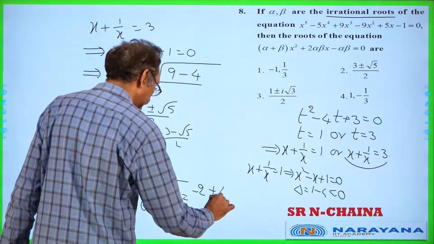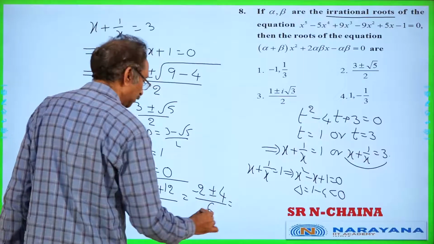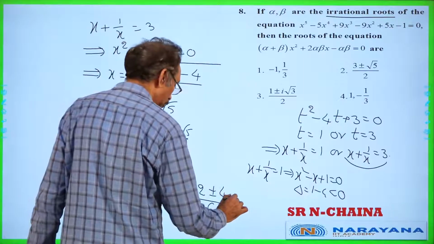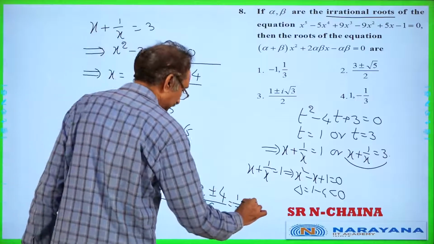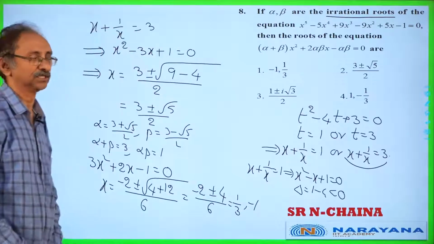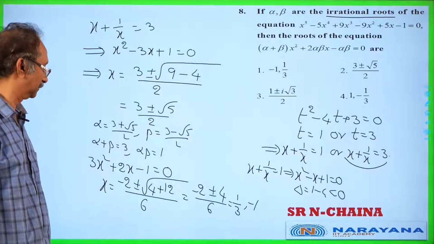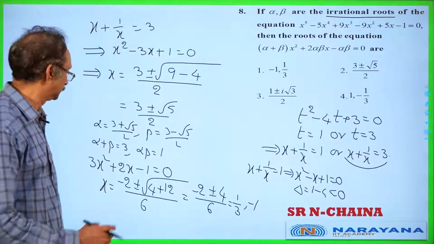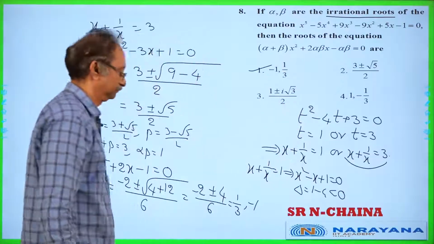Root 16 means 4 by 6. So that is 4 minus 2, 2 by 6, that is 1 by 3, and minus 6 by 6, minus 1. So the roots are 1 by 3 and minus 1. See, 1 by 3 and minus 1. Okay.